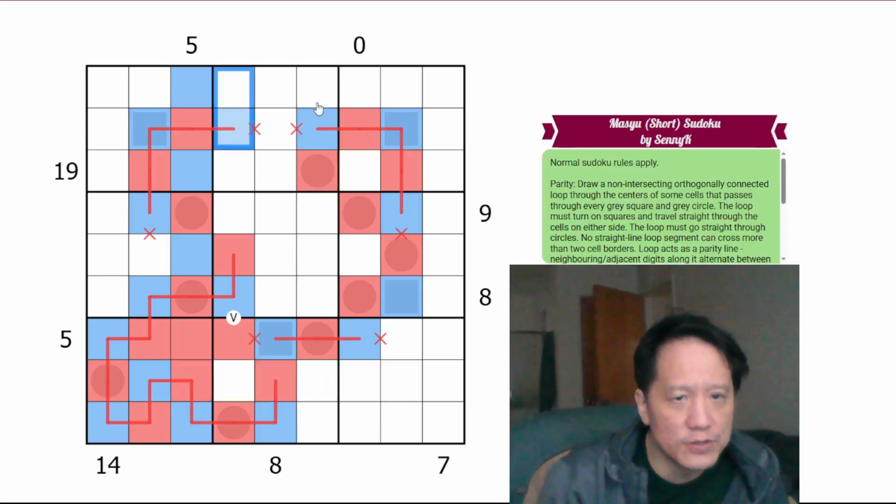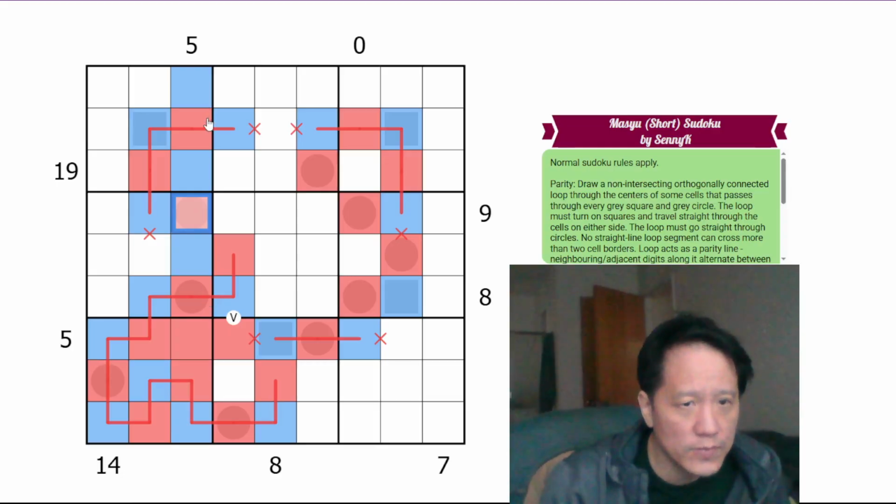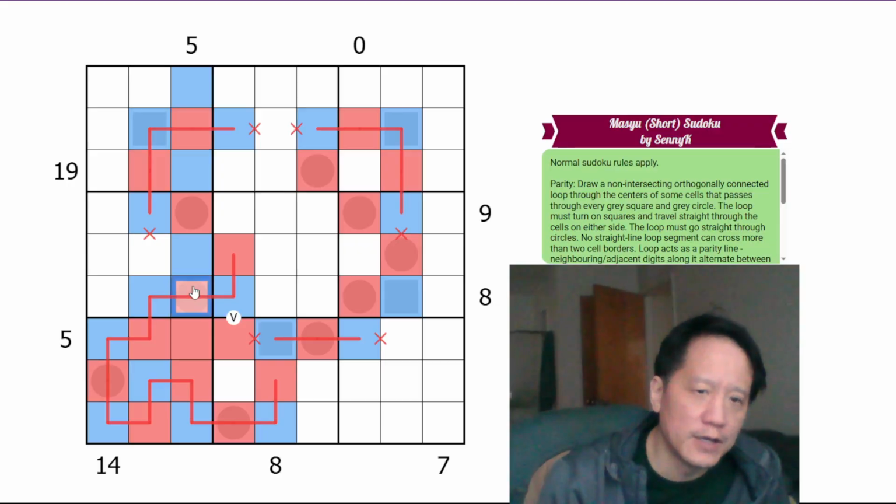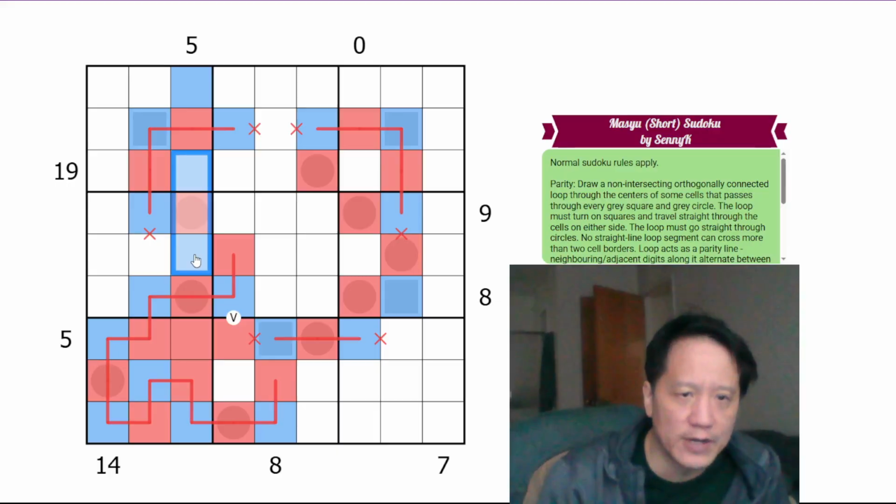This must turn either this way or this way. So either to have 5 in between, you cannot have 1 and 9 be here, because that's 3 digits, and 3 digits can never add up to 5.